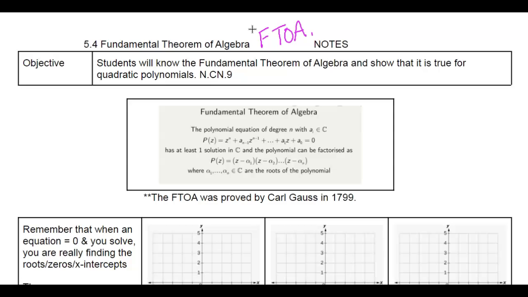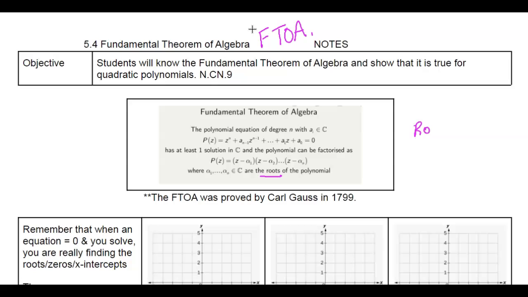Somebody knew about this. So what it says is if you have a polynomial, and we're talking about quadratics, but this can be used with any degree. So you're going to see this again when you get to Sec 3 if you take that class. Basically, if you can write it in factored form, we know that the factors, if we set them equal to 0, those are called the roots.